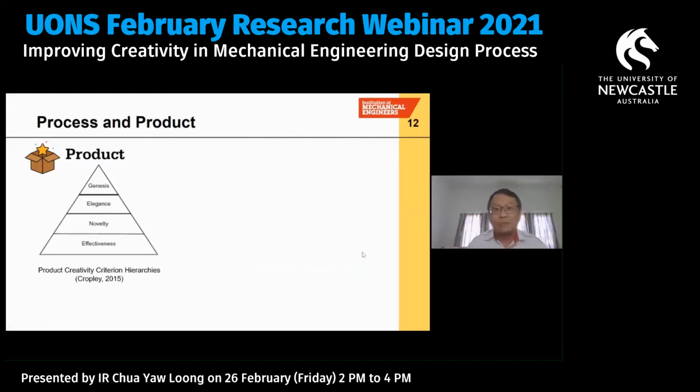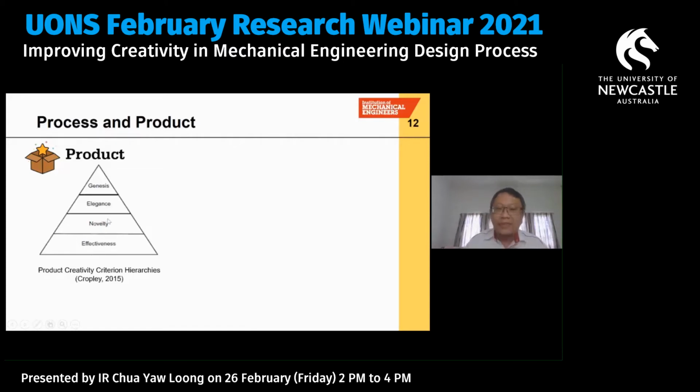You must have a prerequisite requirement, meaning you must fulfill something before you get to the novelty. In engineering, we talk about efficiency. How efficient is your solution? How efficient is your product? How many percent? 0.9, 0.7, things like that. That is the very fundamental criterion for a creative product before coming to novelty.